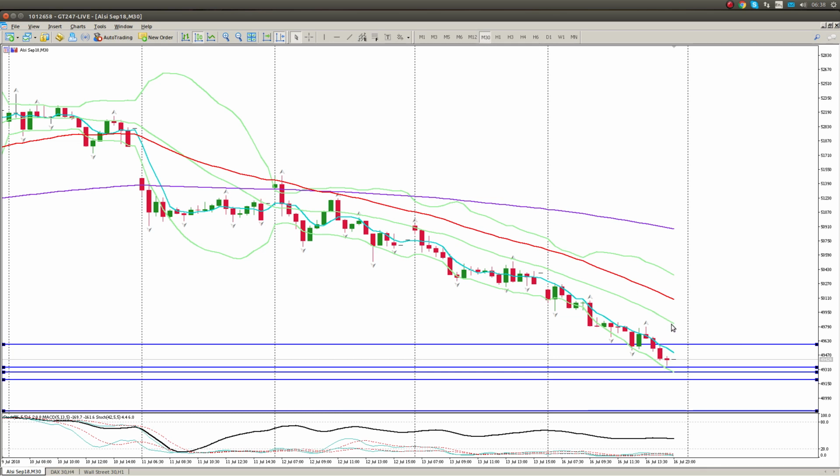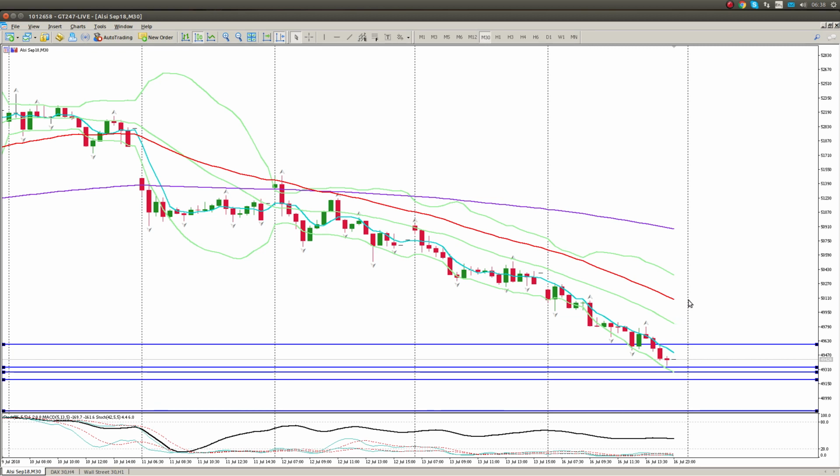Your upside is going to be stopped pretty much by the 20 moving average, which will be somewhere around 49,800 area, maybe a bit lower. Yeah, 49,800, 49,700, somewhere around there, before I suspect we pull back. If we do get a double bottom around here, then it would be a nice, interesting scenario to see what happens.